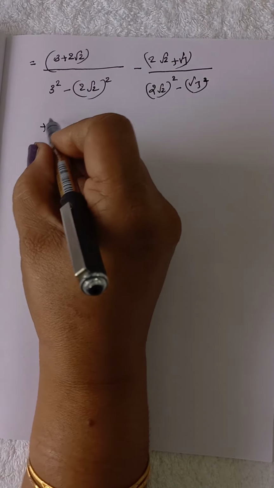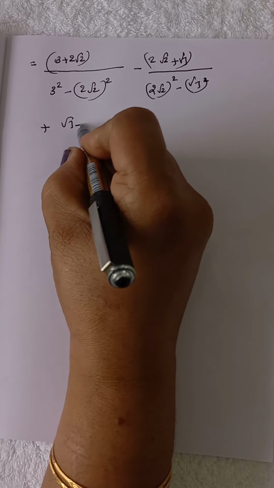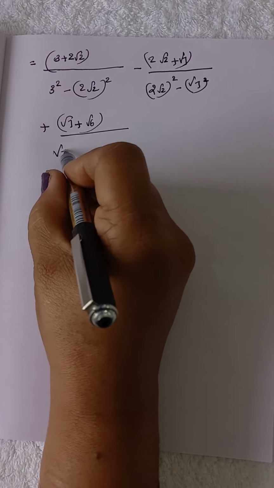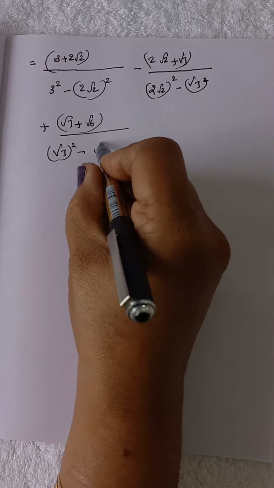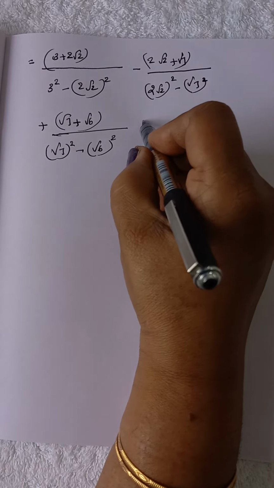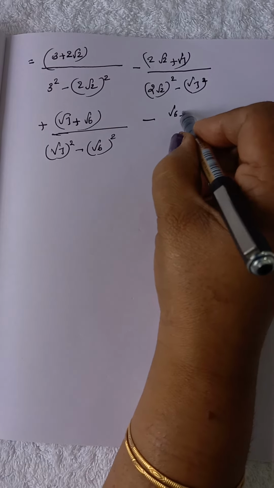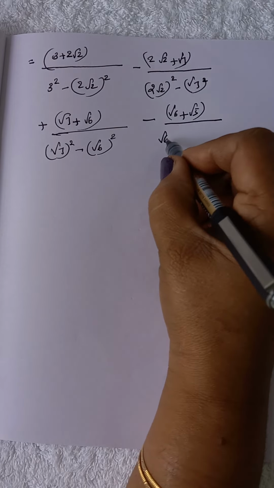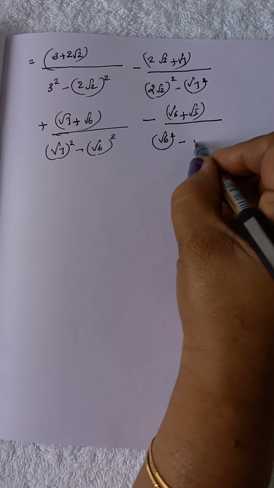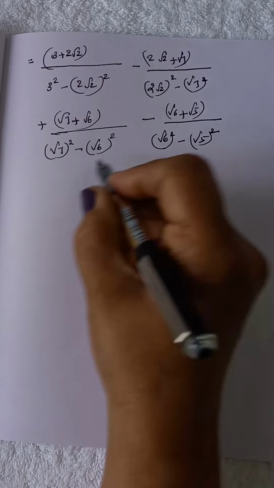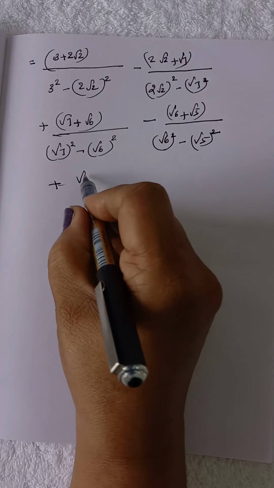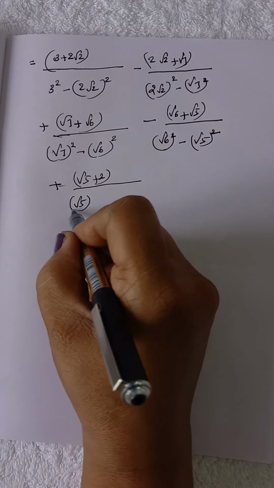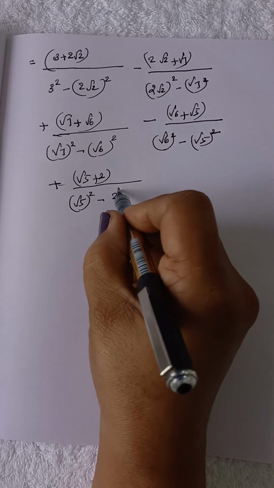Then plus root 7 plus root 6 divided by root 7 square minus root 6 square. Then minus root 6 plus root 5 divided by root 6 square minus root 5 square. Then plus root 5 plus 2 divided by root 5 square minus 2 square.